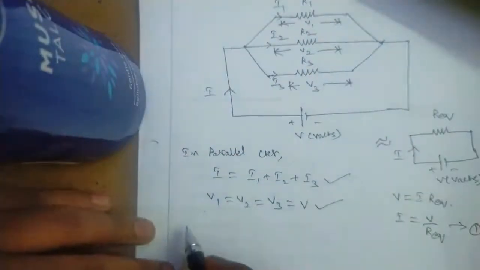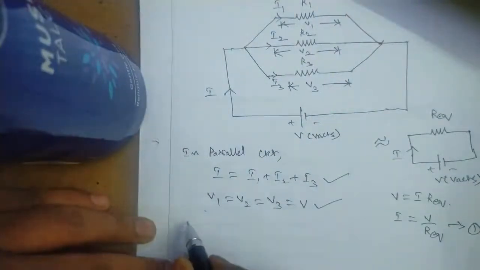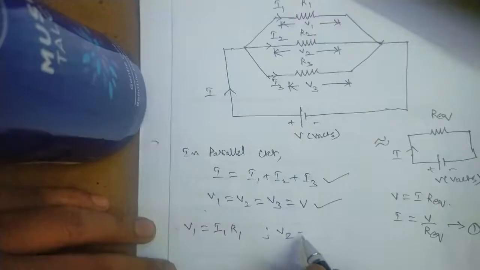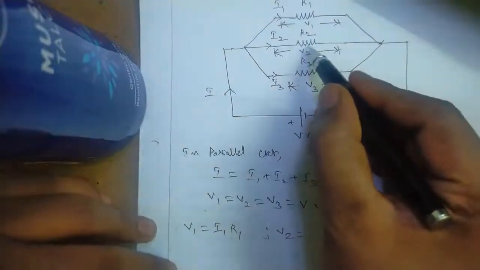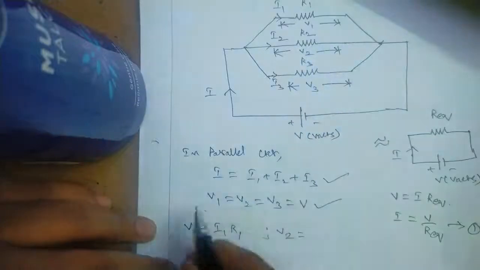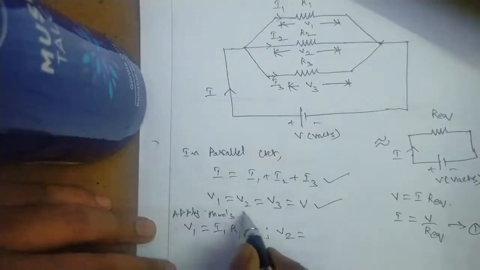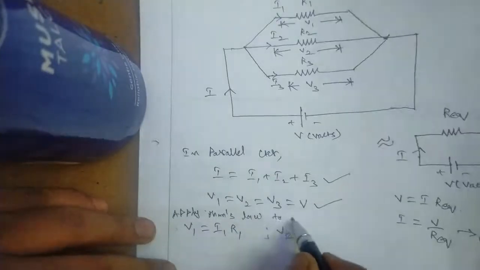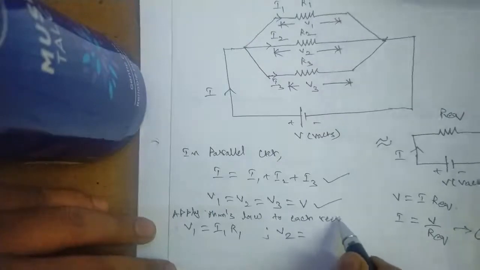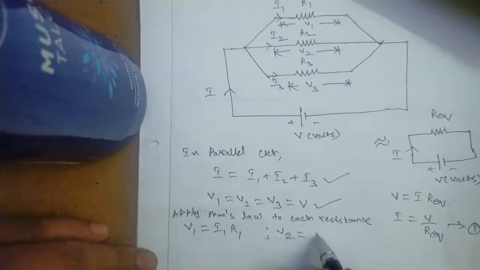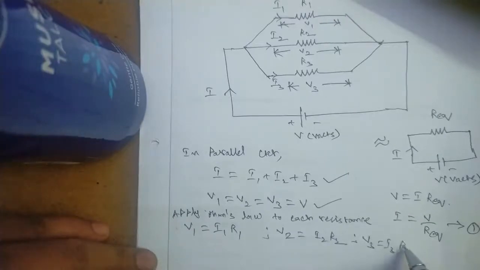Applying Ohm's law to each resistance, we get V1 is equal to I1 R1, V2 is equal to I2 R2, and V3 is equal to I3 R3.